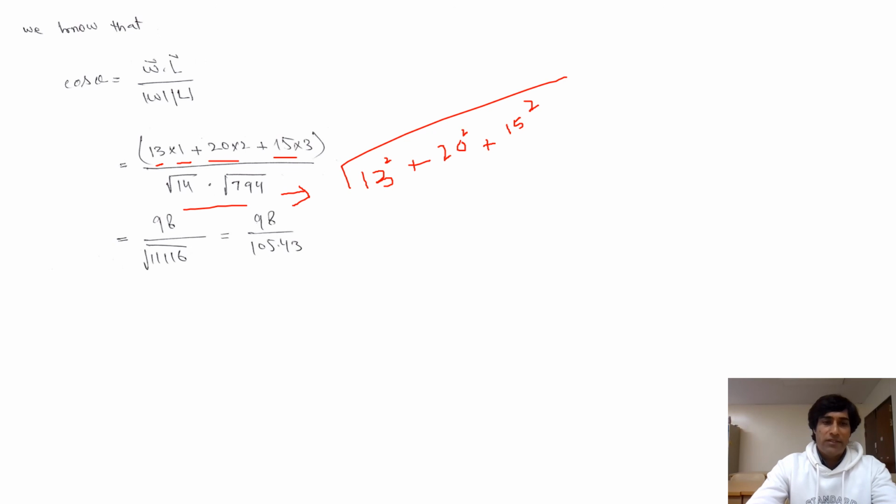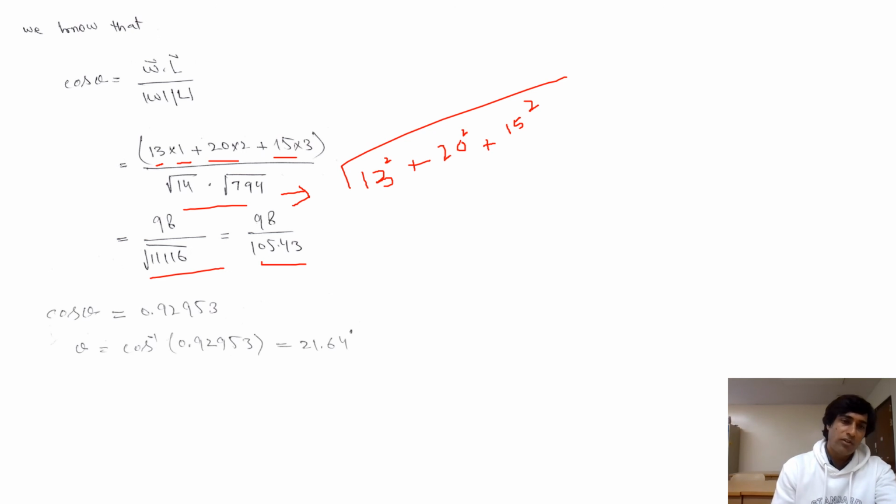Here we simplified it. After simplification we get 98 divided by square root of 116, and its square root is 105.43. So cos theta is equal to 0.92953.